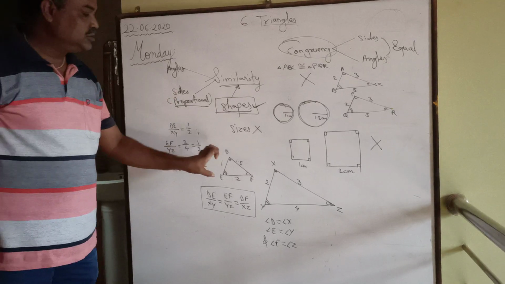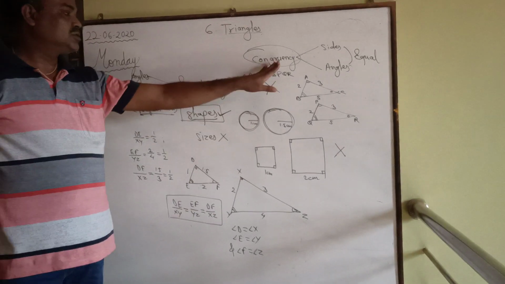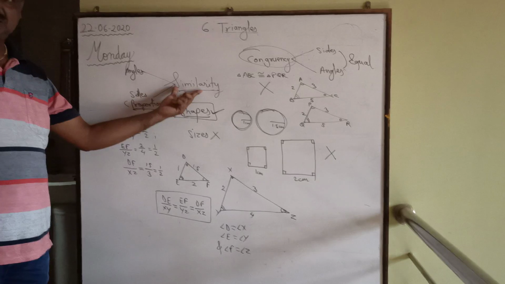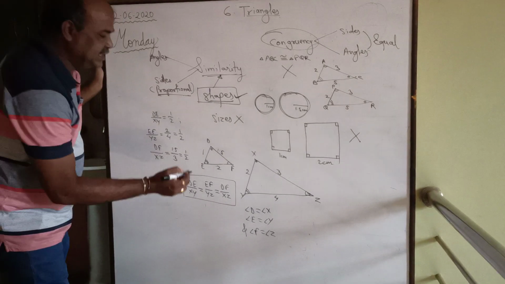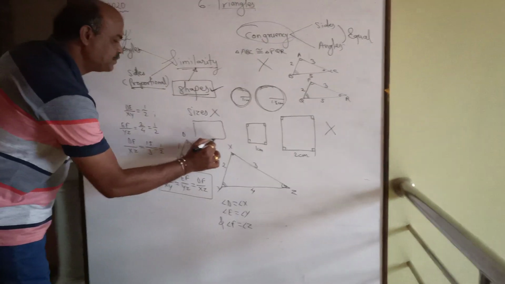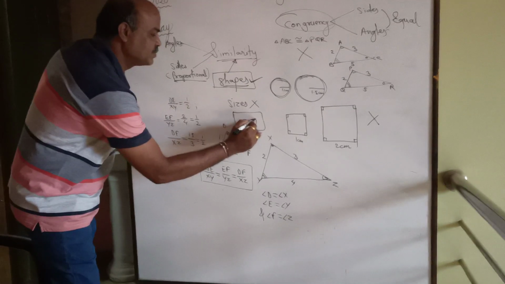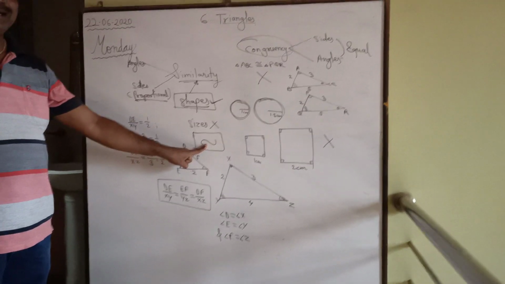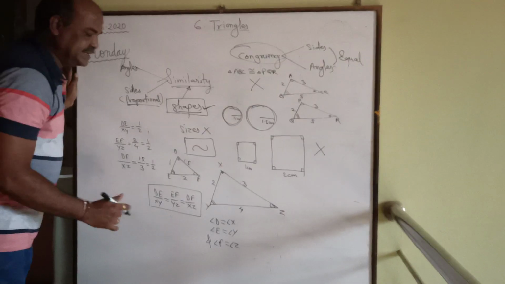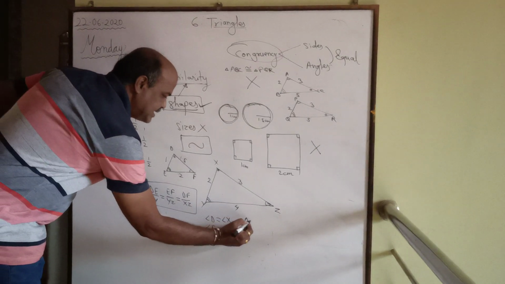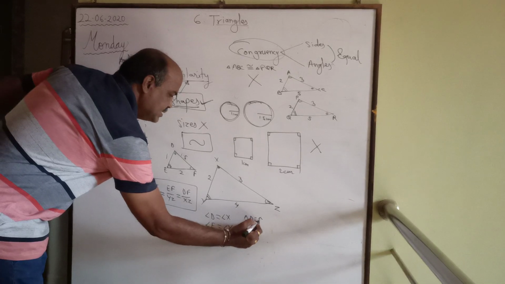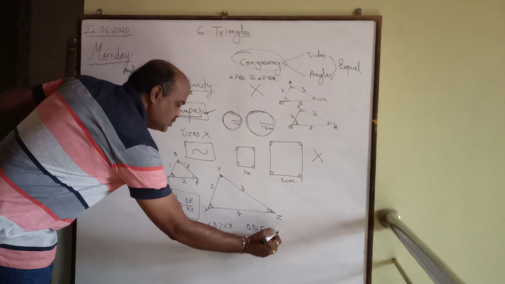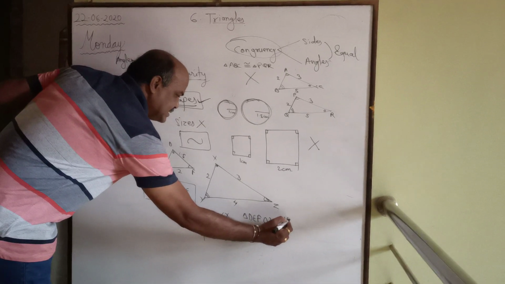Although these two triangles are not congruent, they are similar. For similarity, we use this symbol. In this sense, I can say that triangle DEF is similar to triangle XYZ.